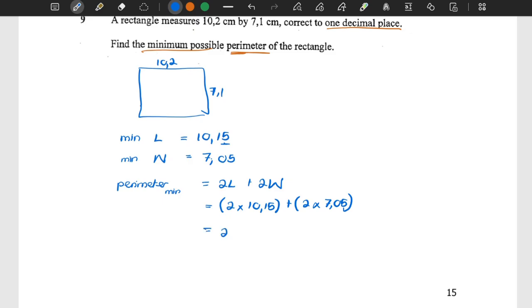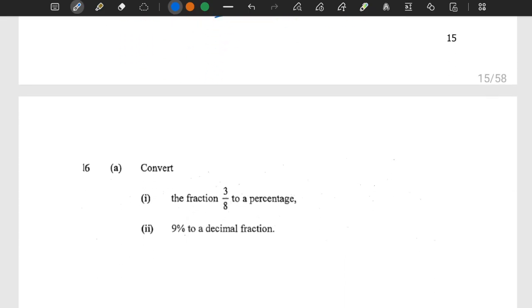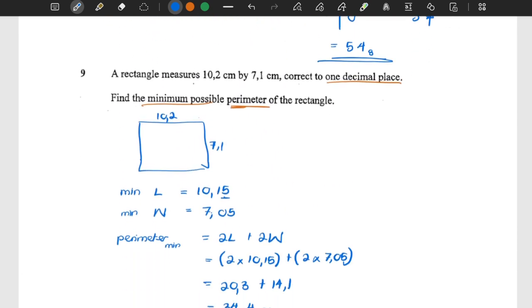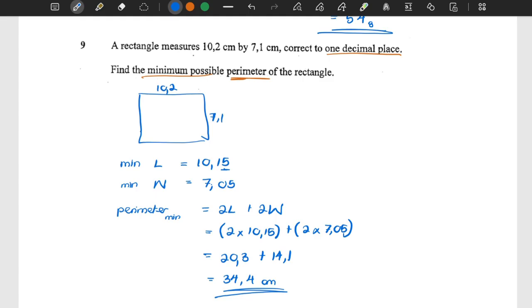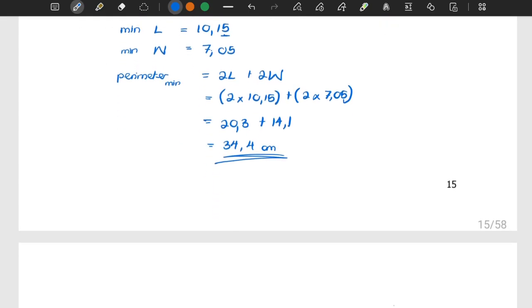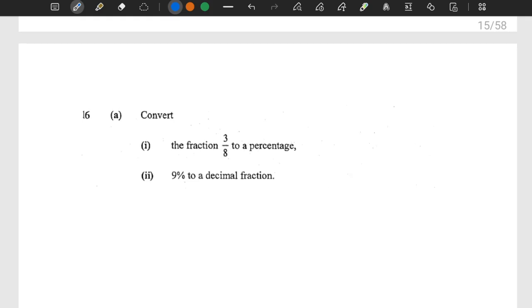Then that gives us 20.3 plus 14.1. Add that up, we get 34.4 centimeters, is the minimum possible perimeter. Again, there are more detailed explanations on when they ask you about minimum dimensions, correct to a given number of decimal places, in the notes under real numbers.